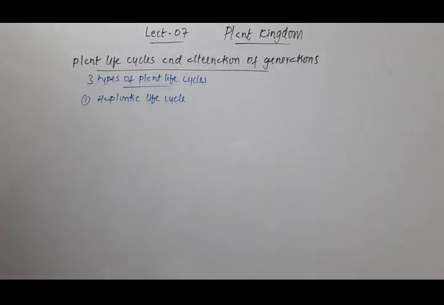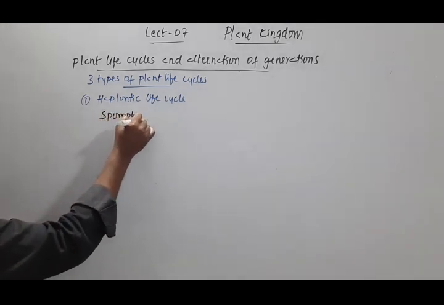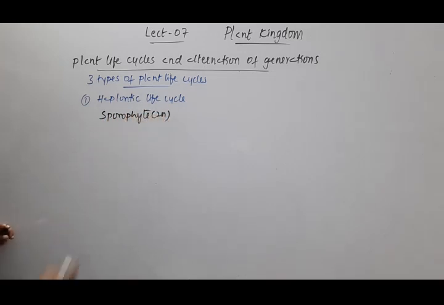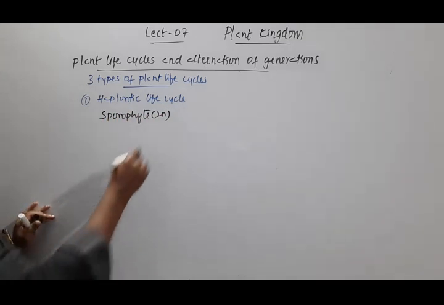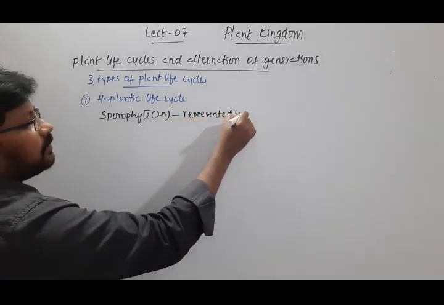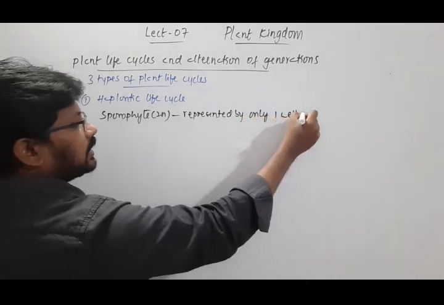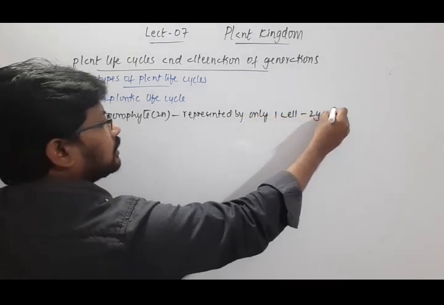So here, coming to the haplontic life cycle, here the sporophyte. So I need to remember here the sporophyte which is diploid, and this sporophyte generation is represented only by one cell, and that is the zygote.